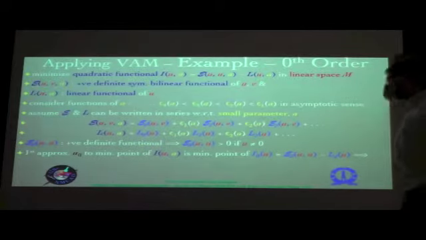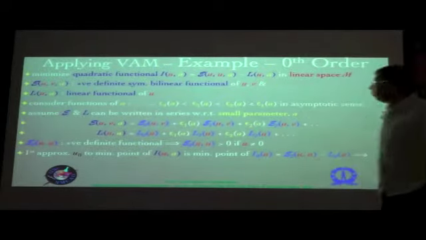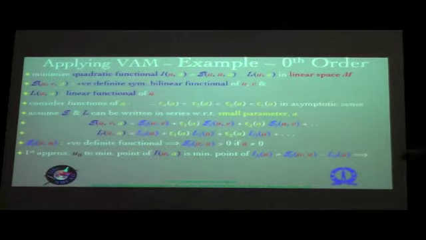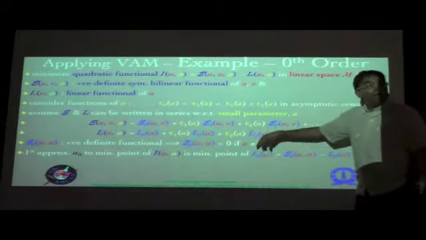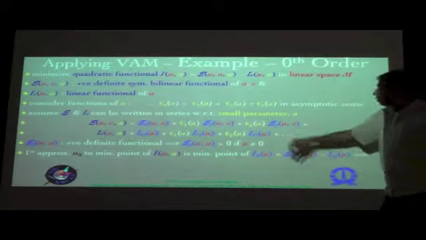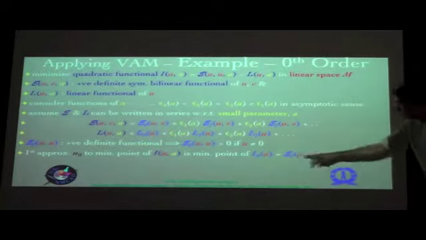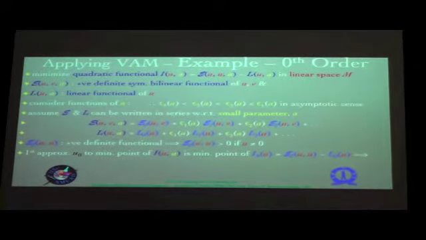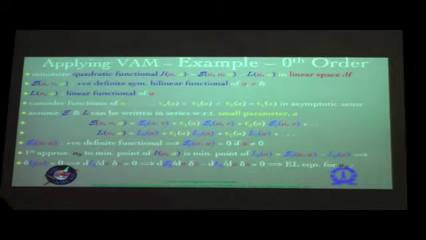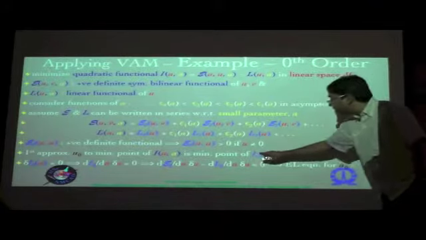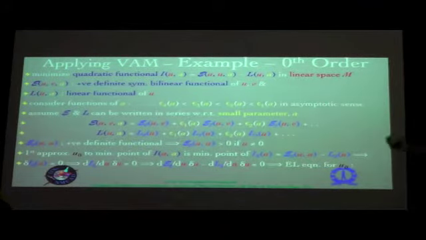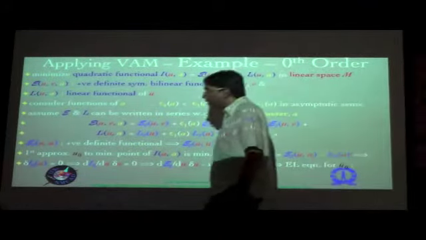Next, the first approximation u naught to the minimum point of the original functional will be the minimum point of the approximate functional, the first approximation that you have, which is I naught is equal to E naught minus L naught. So we have to determine the stationary points of that. To determine the stationary points, we have to take the first variation of that and set it to 0.